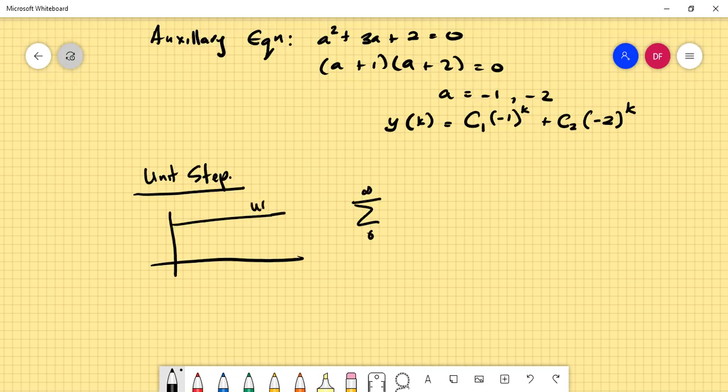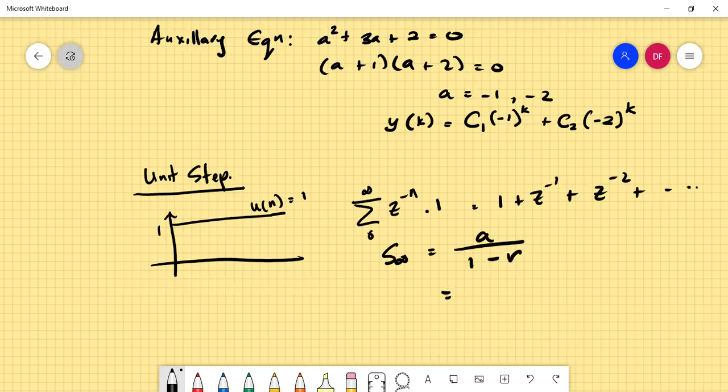So this was u(n), which is equal to 1 for n greater than or equal to 0. And we said that the Z transform was the sum of z to the minus n times u(n), which is the sum of z to the minus n from 0 to infinity. If we wrote out a few terms, that would be 1 plus z to the minus 1 plus z to the minus 2, etc. Then we use the fact that the sum to infinity of a geometric progression is a over 1 minus r.